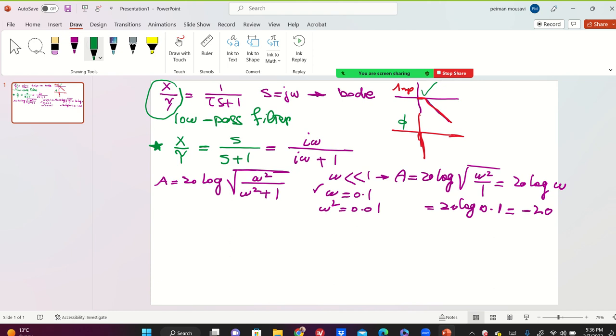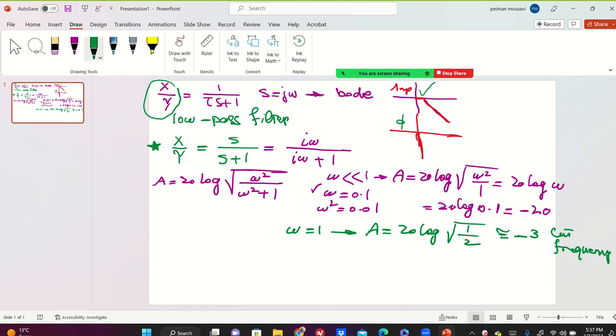So if I say omega is 1, obviously you're gonna get the cutoff frequency. It's gonna be 20 log of 1 over root 2, which is ballpark minus 3, which is our cutoff frequency, as I defined in the previous class for the low pass filter.